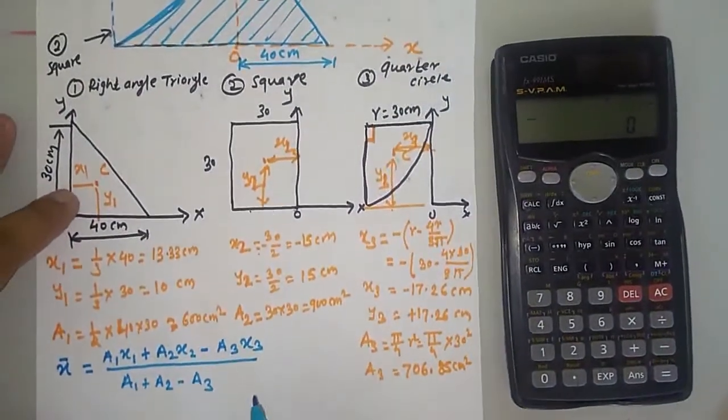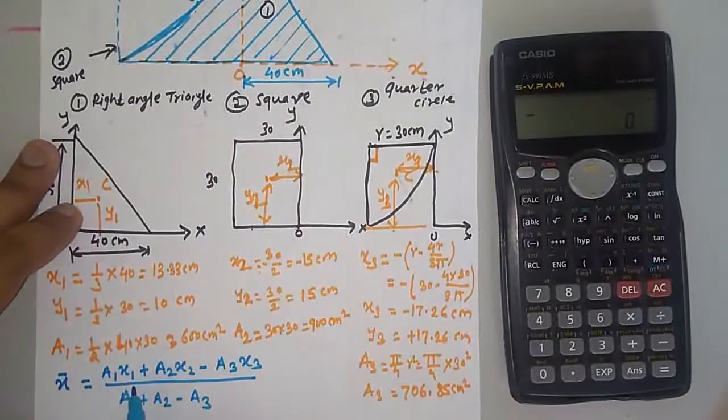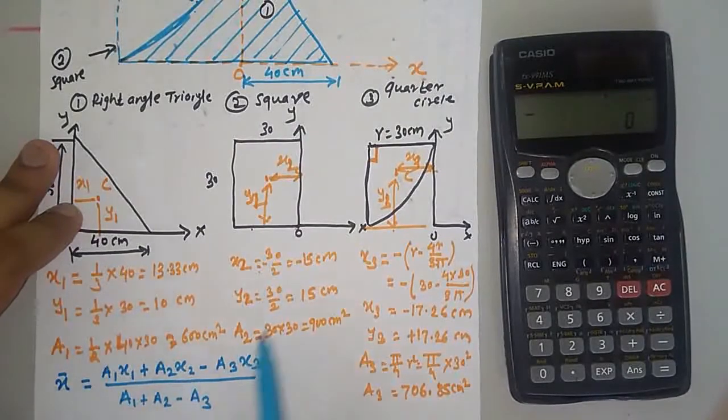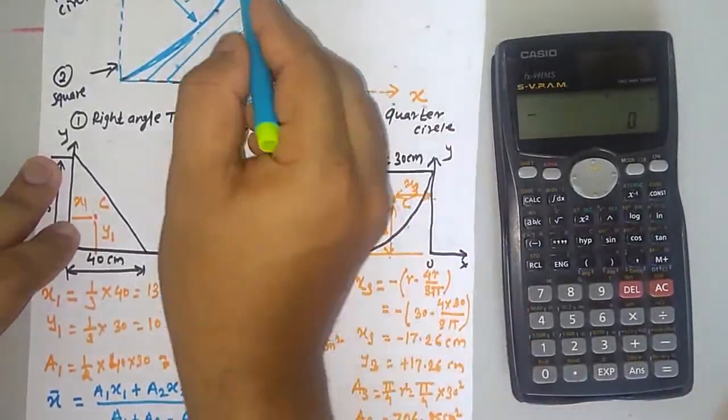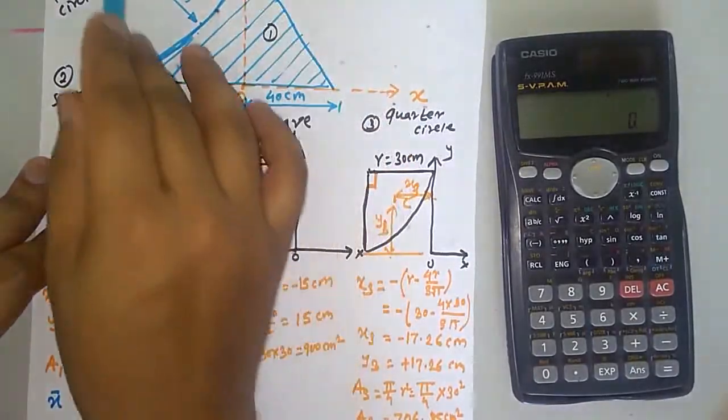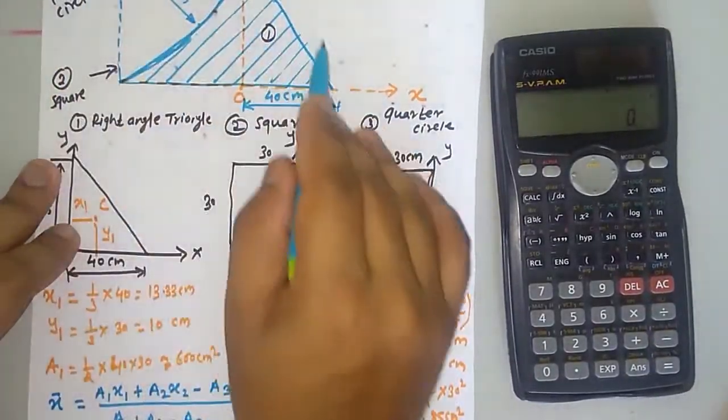See here, a1 x1 plus a2 x2. So this is first and this is second, so we'll get the whole area.